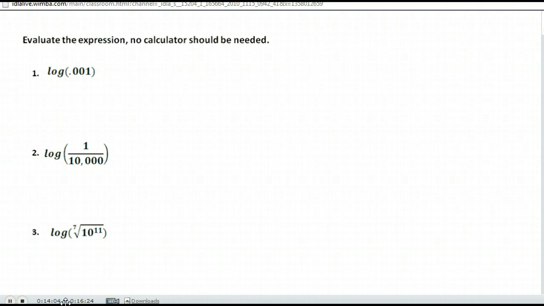All right, last ones. You may notice that there are some that do not have bases listed. If there's not a base given, we automatically assume it's base 10. This is why if you do a problem on your calculator, you'll see that you have a log button, but that is automatically base 10.